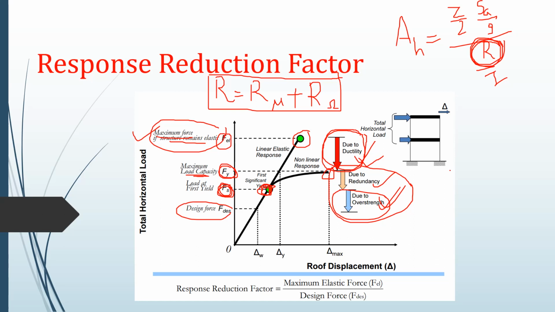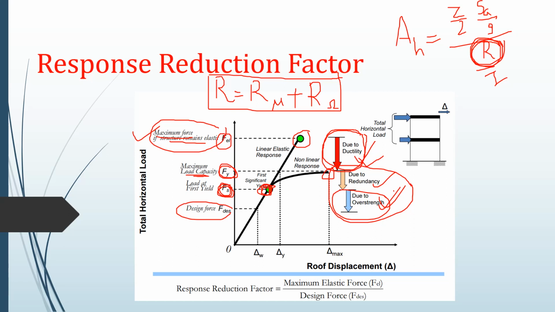Moreover, our partial safety factor on load means we are designing for a certain greater load than the actual load that may come to our structure. That also means there is some reserve strength. And moreover, our member sizing also accounts for overstrength, because one example is that we may use a member size of a beam or a column larger than that required, or we may use reinforcement in our structure larger than that required.